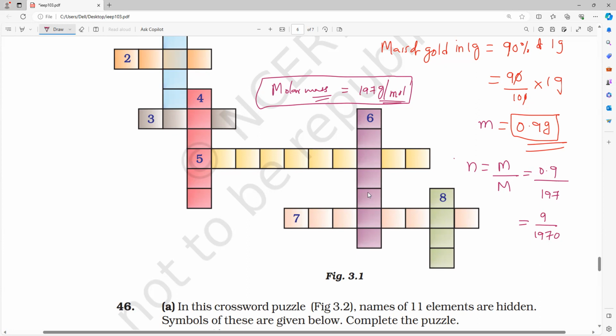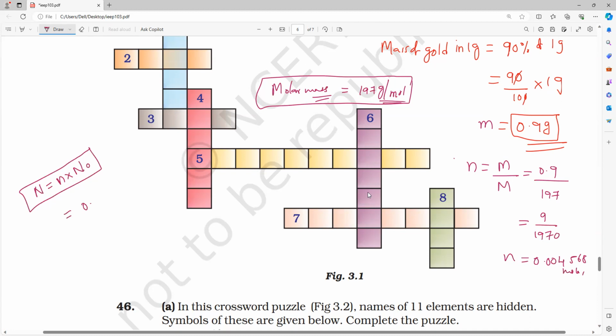Do the division and tell, you'll get 0.000458. That is the number of moles. Now we want number of particles. Number of particles, what is the formula? Number of moles into what, guys?